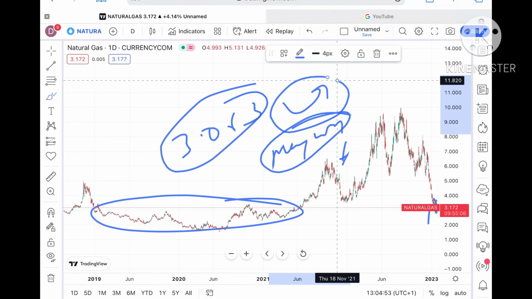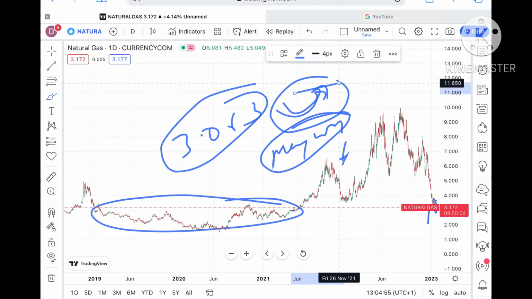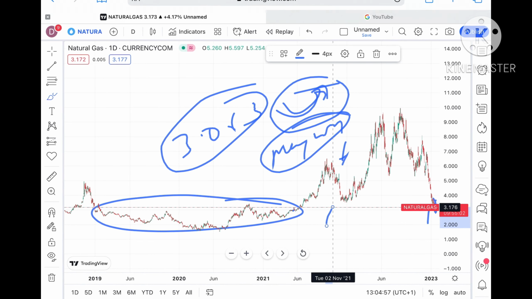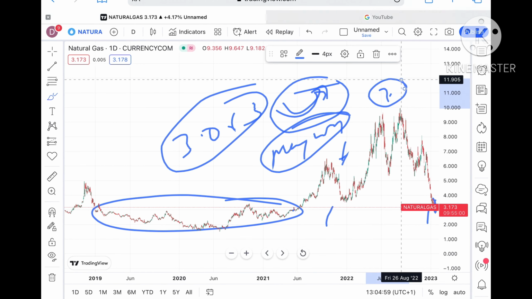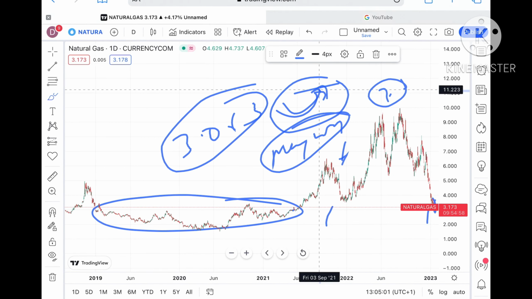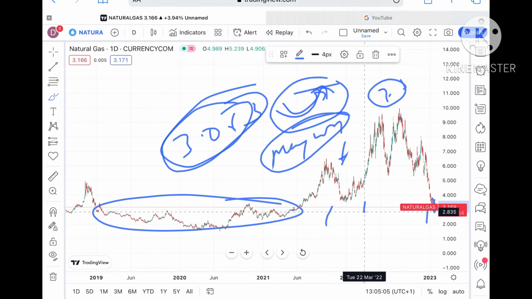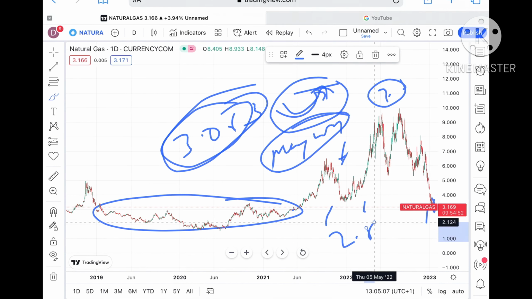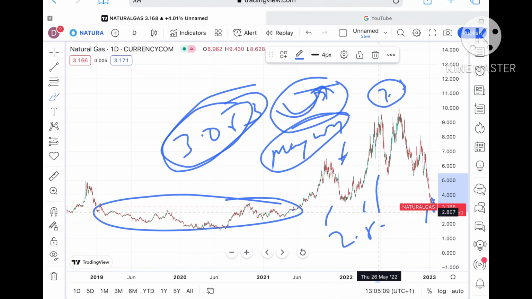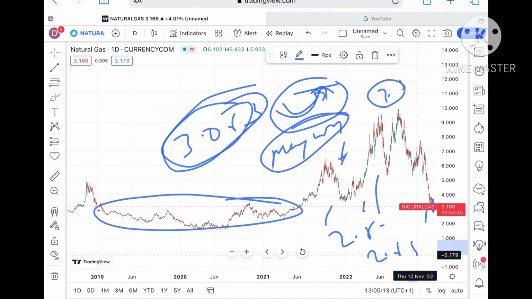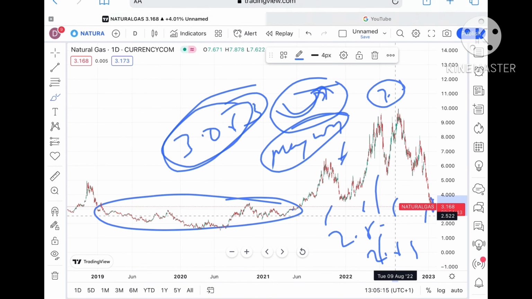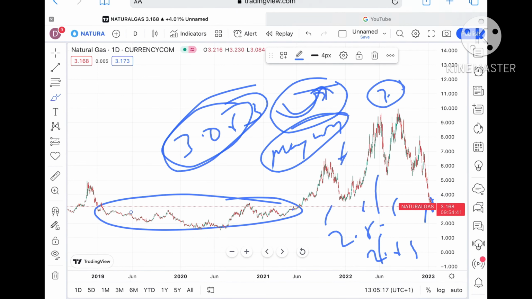And if this level sustains, the probability is that it can go upside, but the next resistance comes at around 3.2, and it has already touched this level. If it bounces back again to this zone, then it can fall further down towards a level of around 2.835. If that level also moves lower, then it can go towards $2.69, and from there towards around 2.5.